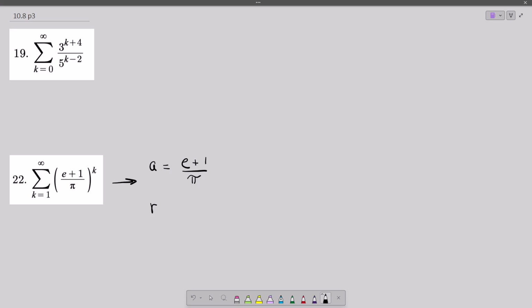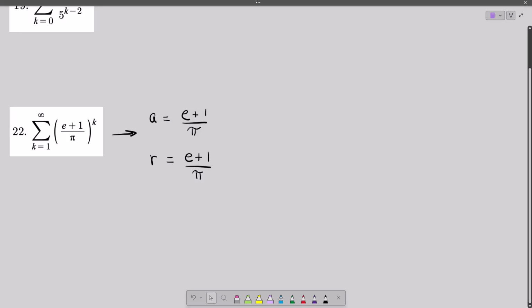How about R? Same thing, because this started at 1. If it started at 0, then A would be just 1. If it started at 0, we would raise this quantity to the 0 power and get 1. So now we have to look at the common ratio here. Geometric series, converge, diverge, all based on that R value.